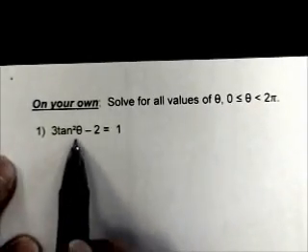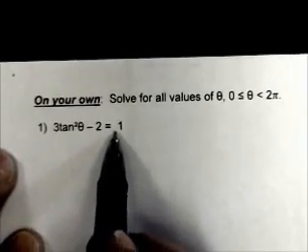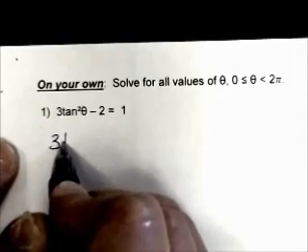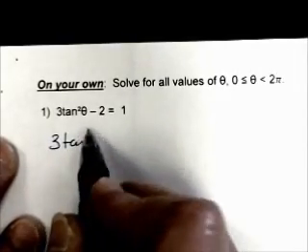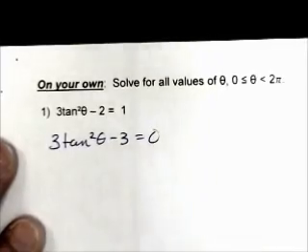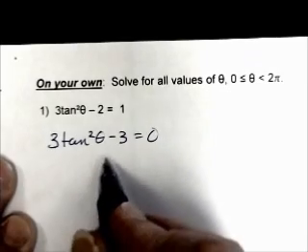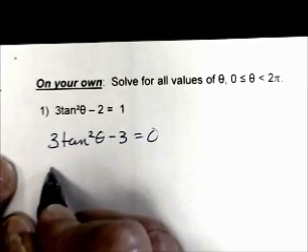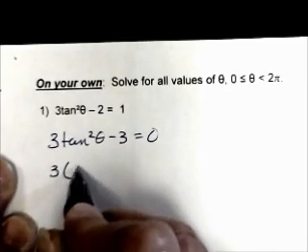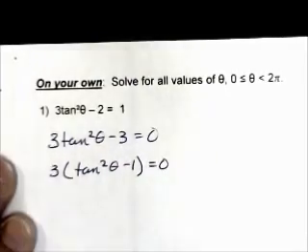Okay, this is quadratic, so I'll put it in standard form. First, I'll subtract 1 from both sides. I'm not showing that step. I get 3 tangent squared theta minus 3 equals 0. I'll factor out the 3, and we get tangent squared theta minus 1 equals 0.